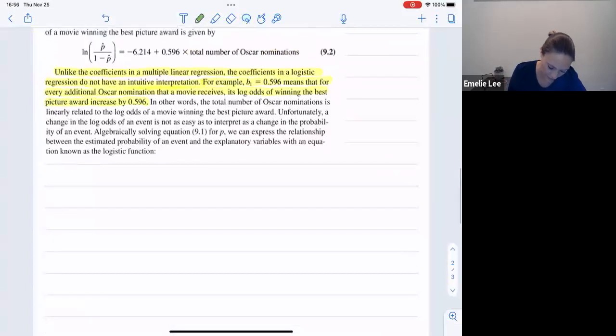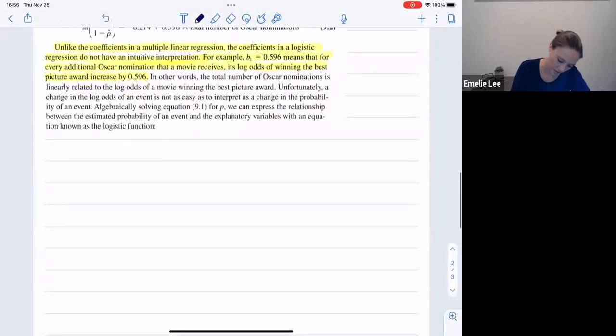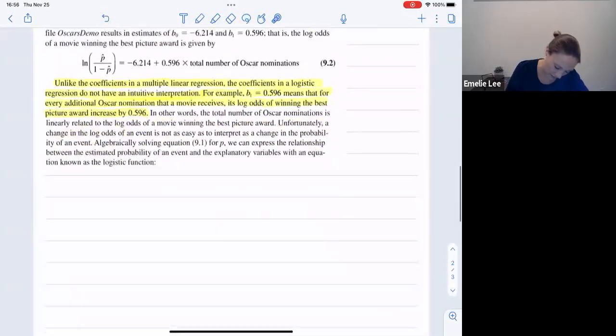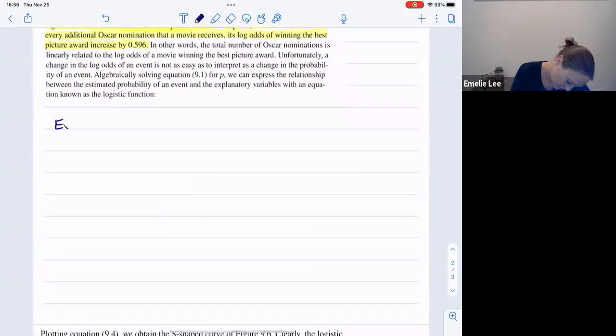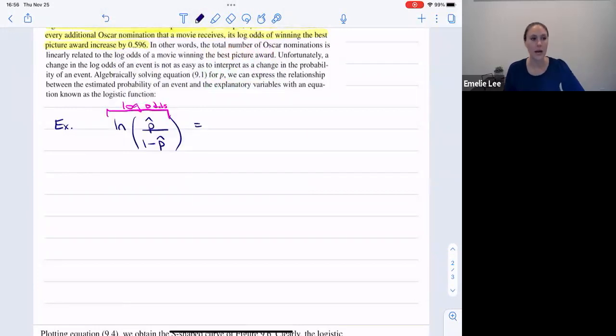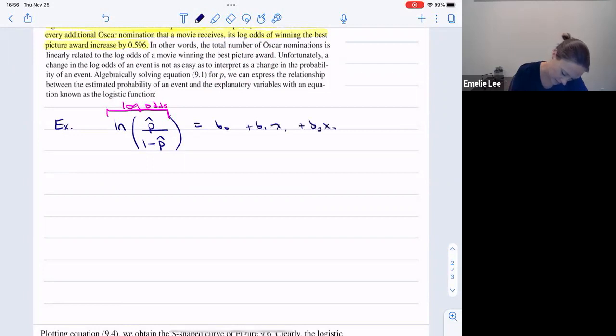Because what we have, for example, if we start with a shorthand of this model, let's have two predictors in there, so X1 and X2. So then if we have the log odds, so here, this is the log odds, it is predicted by some B0 plus B1 X1 plus B2 X2.